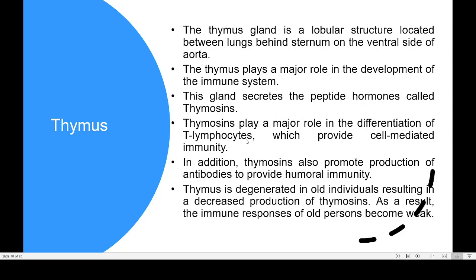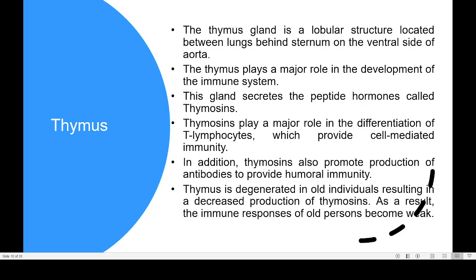You know that WBCs are of 5 types: lymphocyte, monocyte, neutrophil, eosinophil and basophil. Out of that, lymphocyte is an important type, and their primary function is producing antibodies. These lymphocytes can again be of different types, and one type is known by the name T lymphocyte.